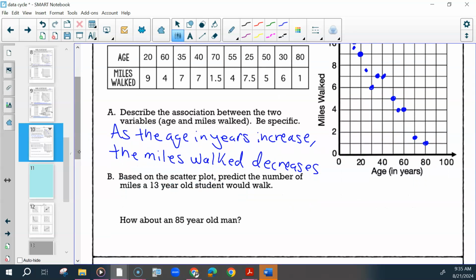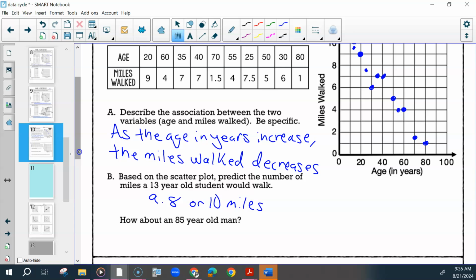So we can say, I'll put both answers. I'll round it, 9.8. Or 10 miles. Anytime we answer a question that's talking about something specific, some characteristic, we need to label.